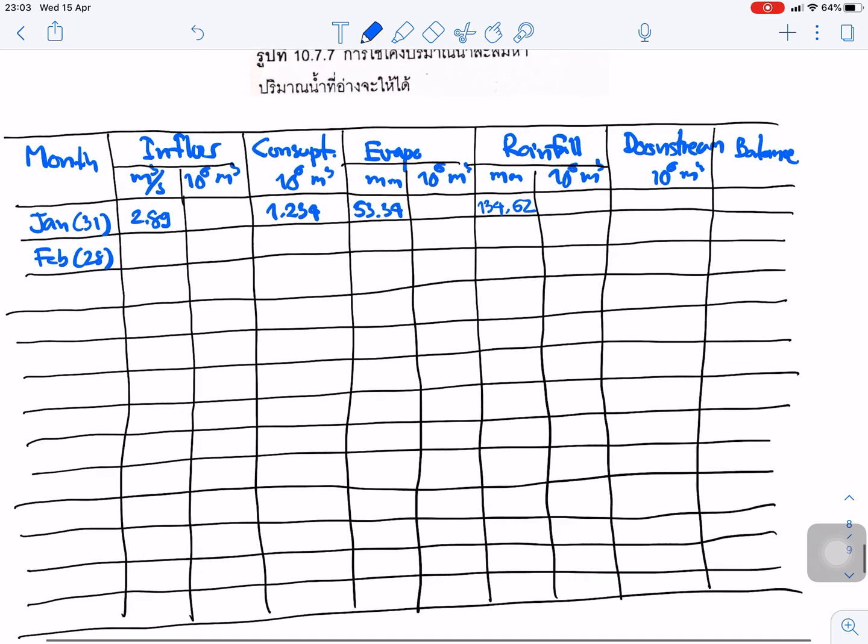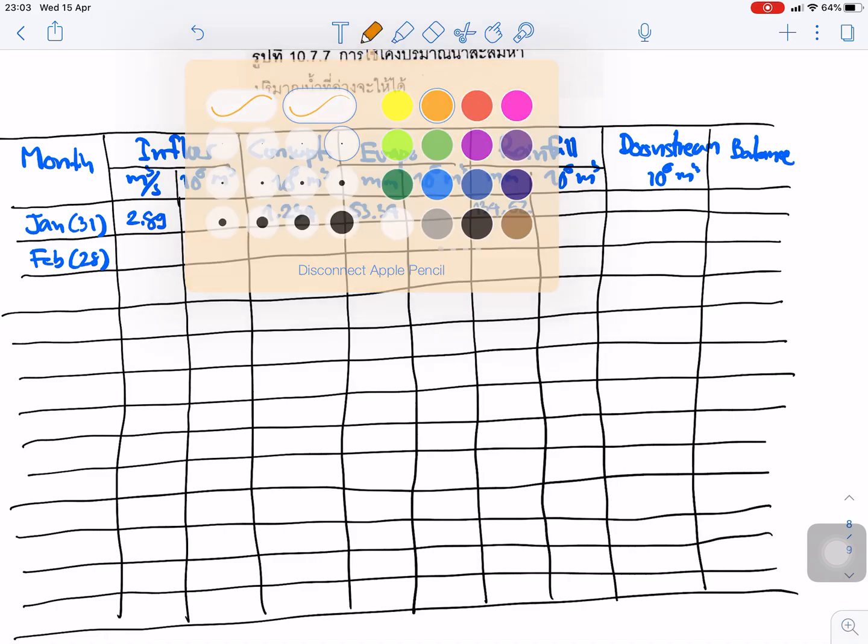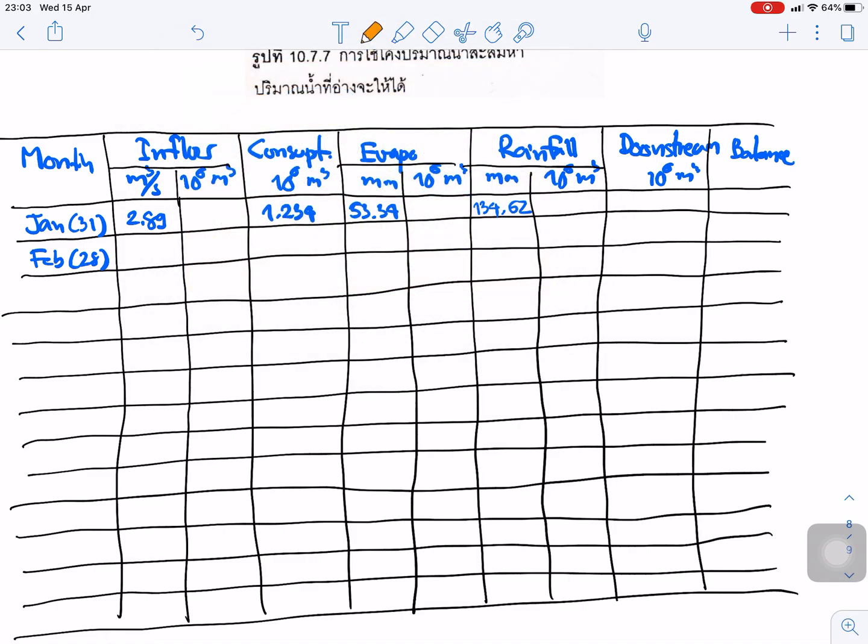And for the downstream, we have to convert from 0.135 cubic meter per second times the number of seconds in a month.